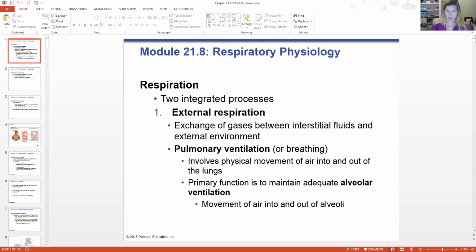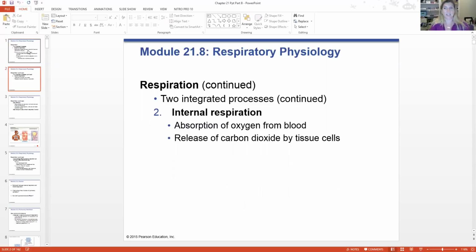Our internal respiration is what's happening on the other side, right? So you get these gases into the blood, oxygen specifically. We get that oxygen into the blood at the alveolar capillaries, and then that blood travels through the body, goes everywhere, and the process of internal respiration occurs.